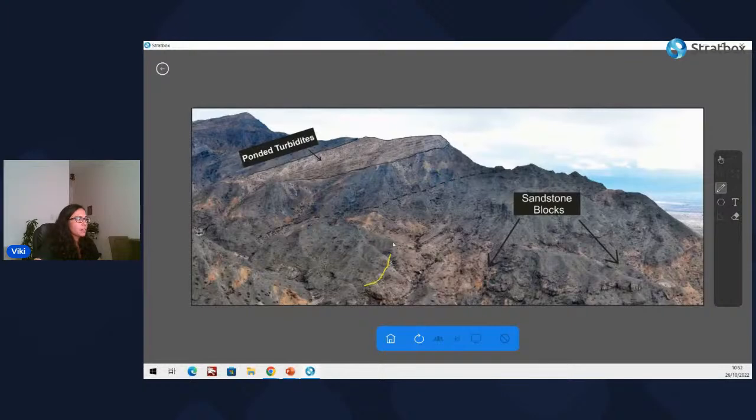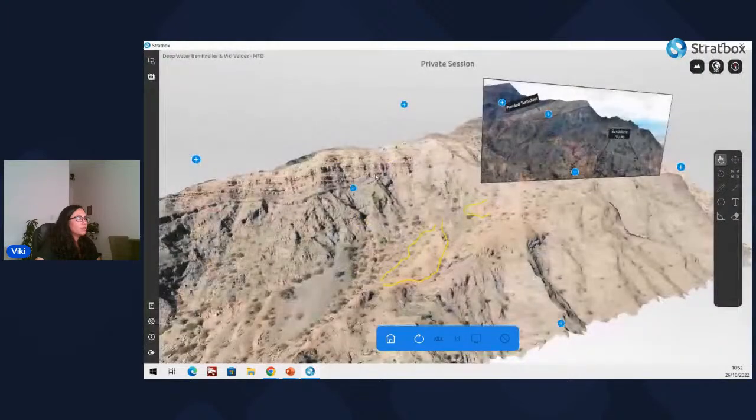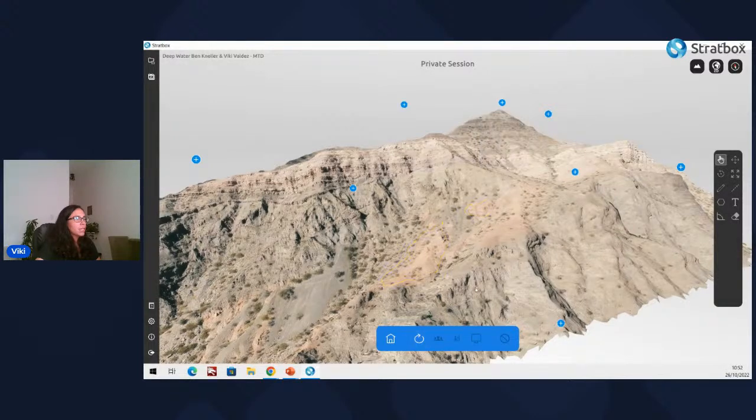Again, we can trace all these large sandstone blocks. We have minor ones in here. In the upper part of this mass transport, we can have some turbidite rafts, then some topography created on top, and the ponded turbidite pinching out to the left. Just let me close this and clean this.